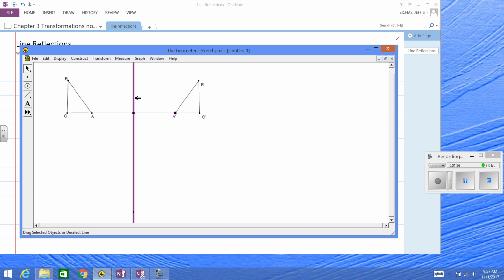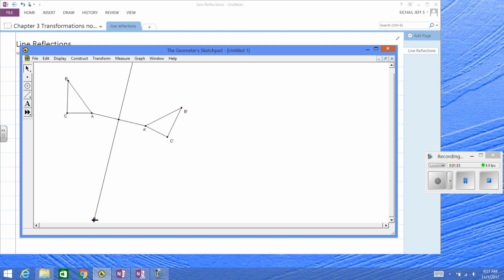Okay, so what that's going to show in a minute is the property that this line has with the segment that joins a pre-image to its image. You can kind of look at it. Now we'll mess with the line. That property is still happening.